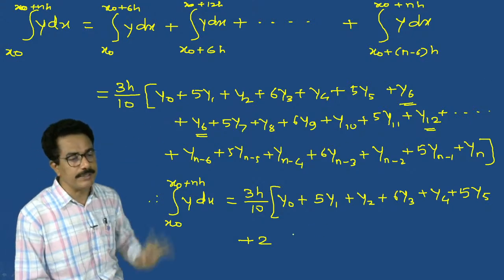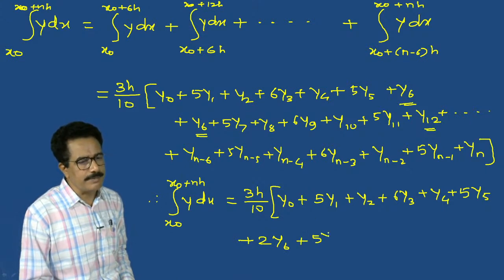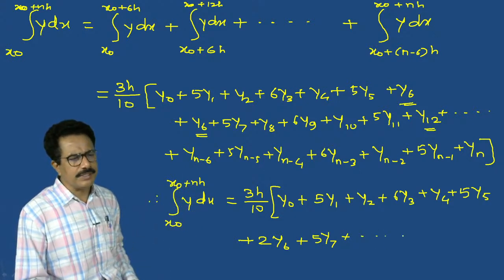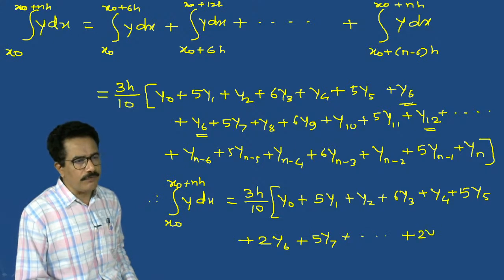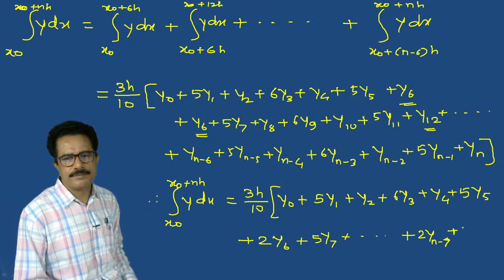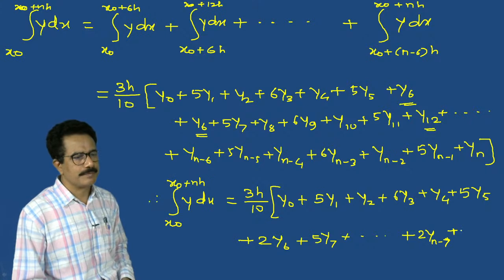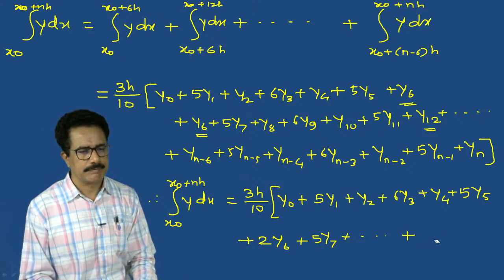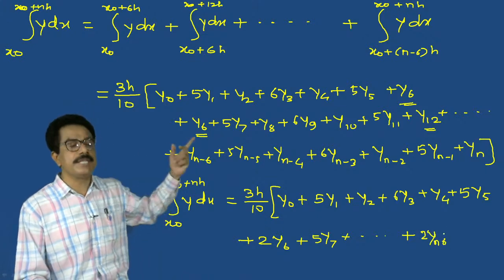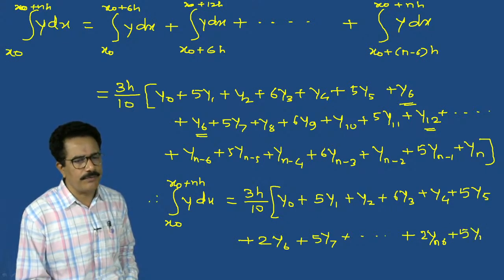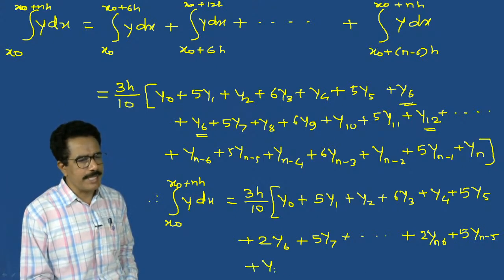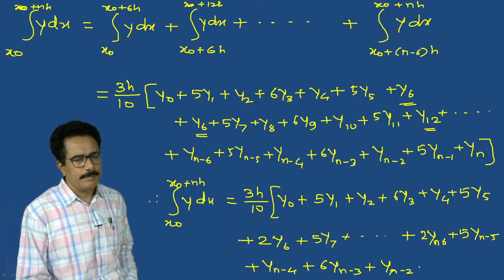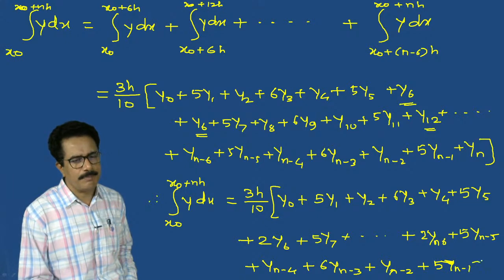See, this y6 plus y6, the only difference, is 2 times of y6, plus 5 times of y7, again the same, dot dot dot, in this way plus 2 times of y n minus 6, the y n minus 6 term gets doubled, plus 5 times of y n minus 5 plus y n minus 4 plus 6 times of y n minus 3 plus y n minus 2 plus 5 times of y n minus 1 plus yn.